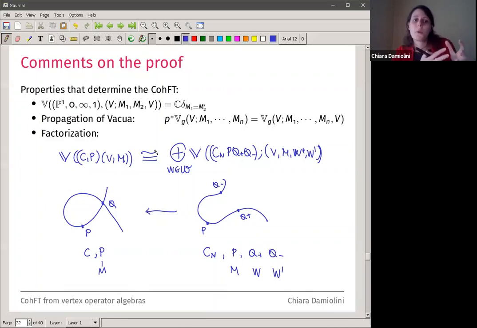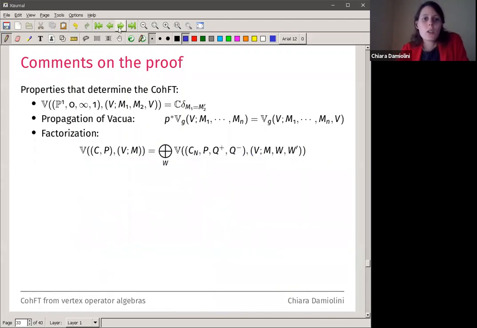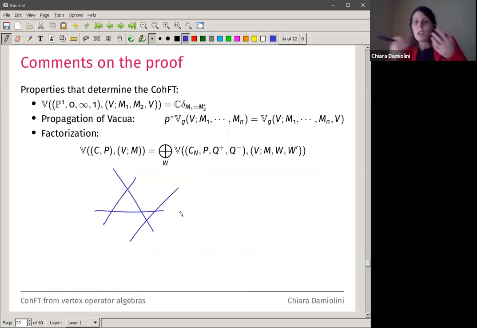So we can always decompose the space over a nodal curve as a direct sum of spaces where the geometry is simpler, but there is more representation going on. And you can even go further and see that essentially if you take a very degenerate curve, every time if you care just about the dimension of these spaces, for example, you want the rank, you can always take a very degenerate curve because after many normalizations, you end up only with a lot of P1s, which have only 3 marked points in each component.